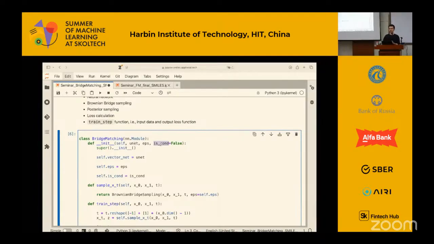I recap that if your bridge matching is conditioned, then the vector field neural network, or x1 predictor neural network, also has an x0, aka the start of your diffusion trajectory point, as an input. So you would need to have a different neural network architecture for this.